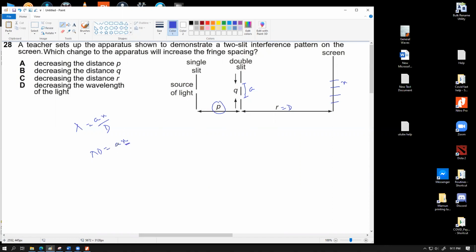X is dependent upon these three variables. Because what is P? P is the distance from the single slit to the double slit arrangement. This was not a part of this whole setup. So this is not the correct answer. Now think about which one of these three can be the correct response. Try again, I'll help.